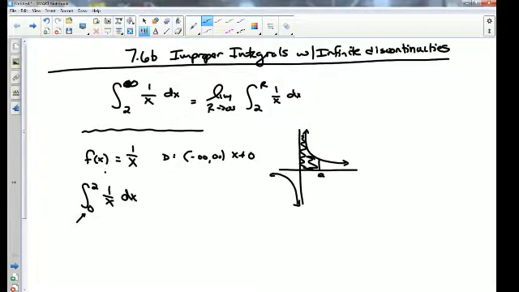Okay, good. The way we deal with this is very similar to what we did Friday. We're going to make this a limit, right? So it would be the limit as r approaches 0 from the right side, because we have to come from the right side of 0.